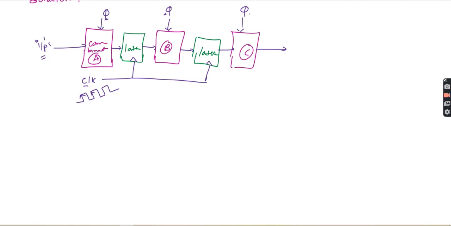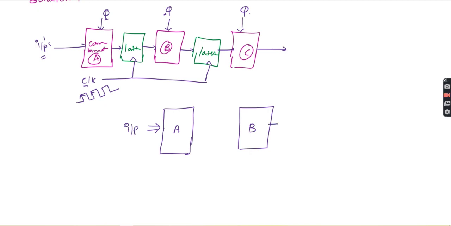So as per our discussion, let us draw our circuit. Let me draw like this. This will be A, this will be B, then this is the input you are applying.